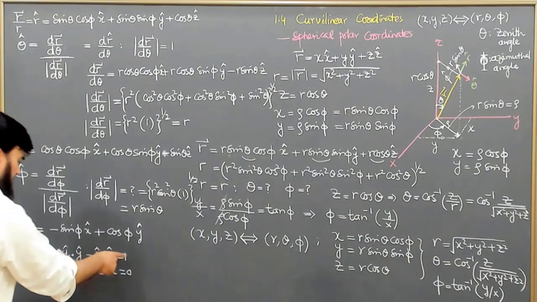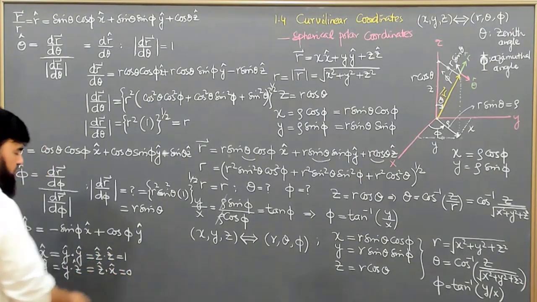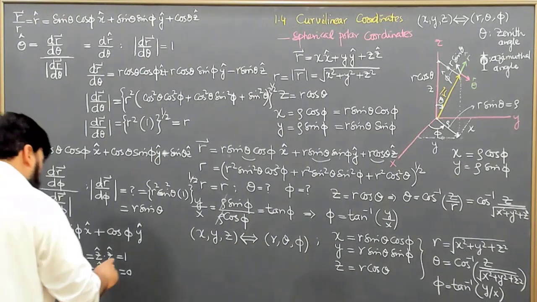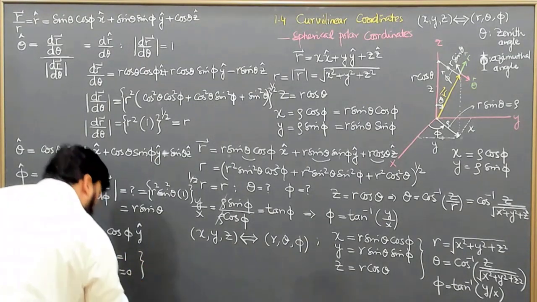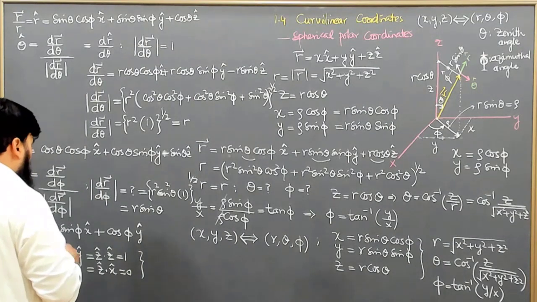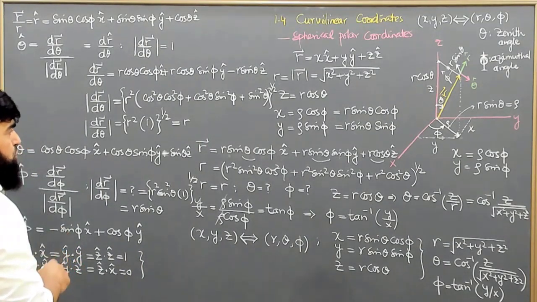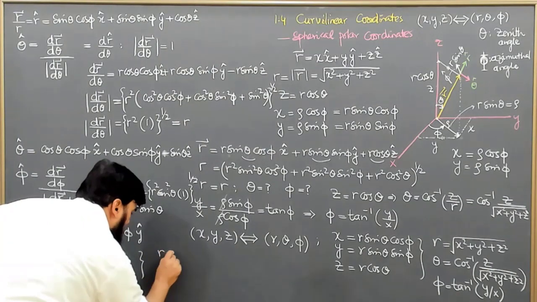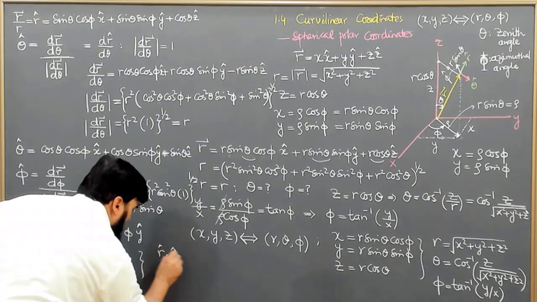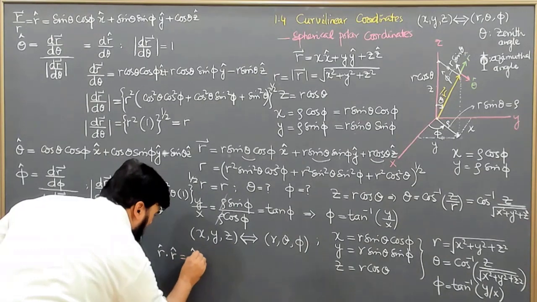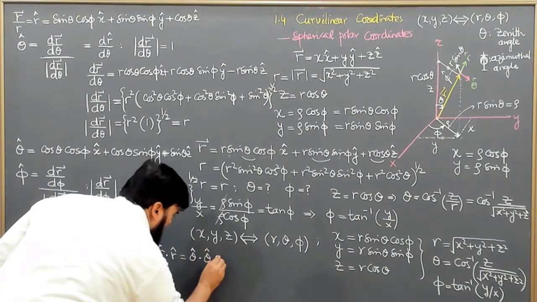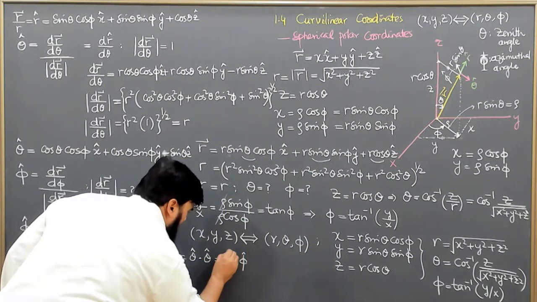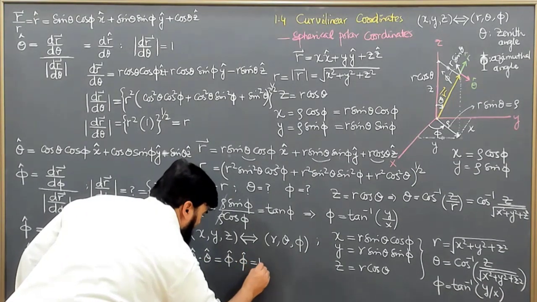They are normalized and perpendicular to each other. That's why they give us 0 for a dot product. Similarly, if these are true, then we should have r dot r equals theta dot theta equals phi dot phi, and they are all equal to 1.